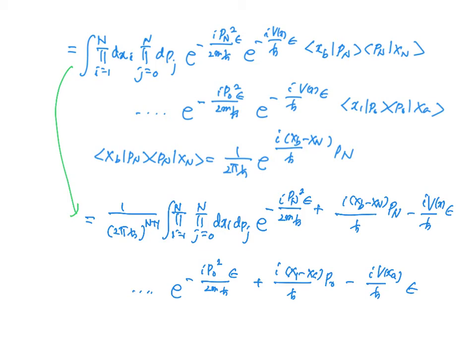And before we proceed, we can utilize this Gaussian integral: the integral from minus infinity to infinity of exponential minus a x squared dx is square root of pi over a.